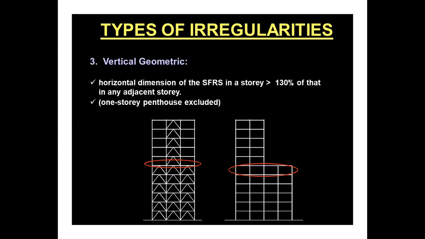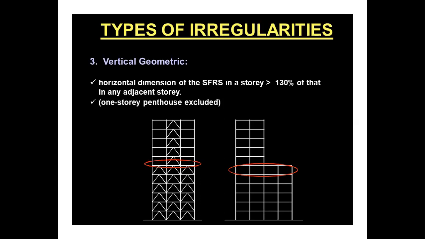When the horizontal dimension of the building in any story is more than 1.5 times that in an adjacent story, the building is said to have vertical geometric irregularity, right?